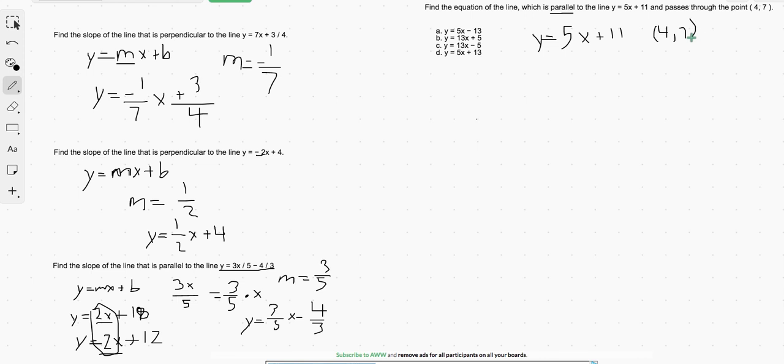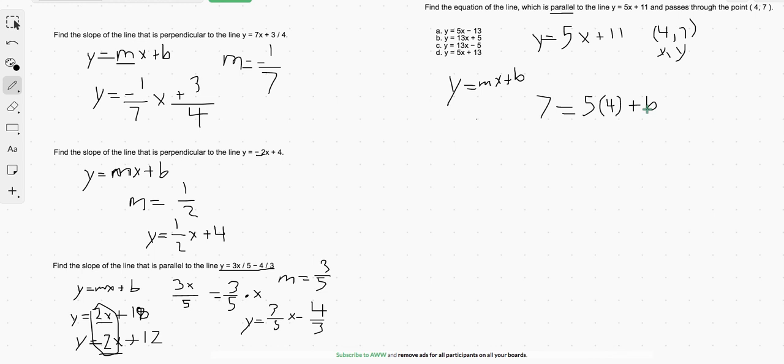So what we first have to do, this is in y equals mx plus b form. This is the equation. So this is x, and this is y, and you have to substitute them in for x here and y here. So if you substitute them in, 7 equals 5, parentheses 4, because x is 4, plus b.